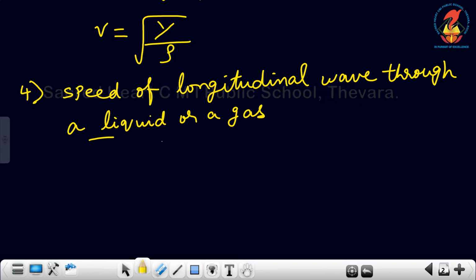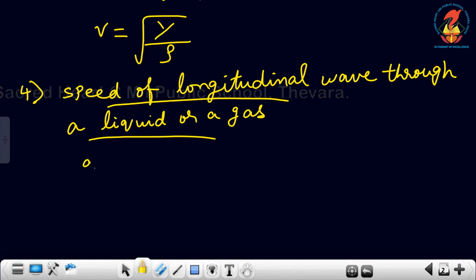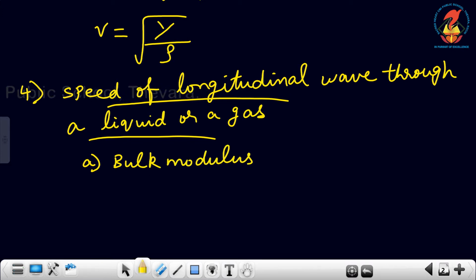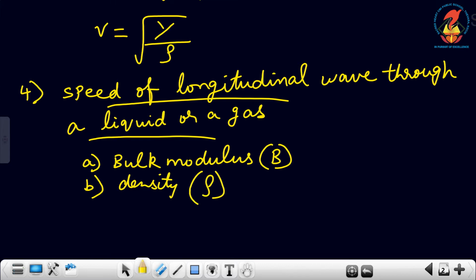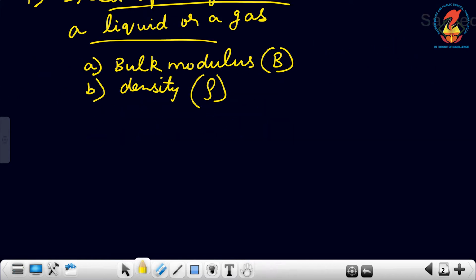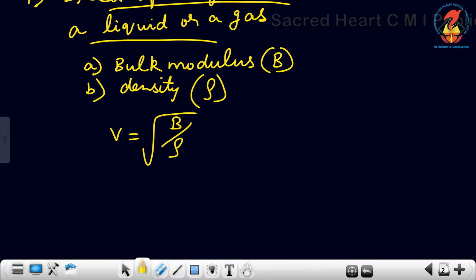So, the two factors are bulk modulus, which is B, and density of the medium denoted by rho. So, V is equal to root of B by rho.